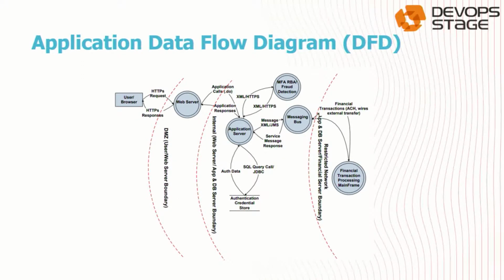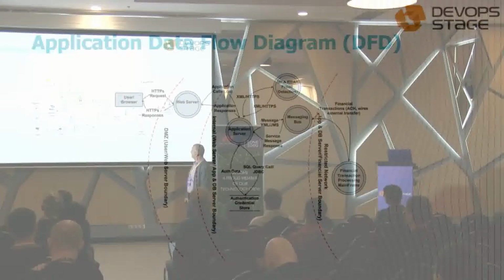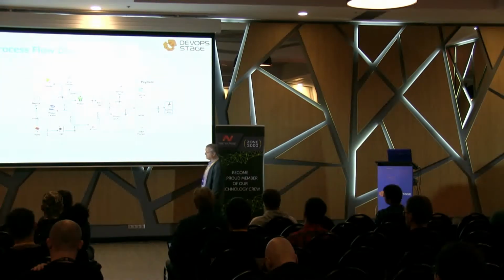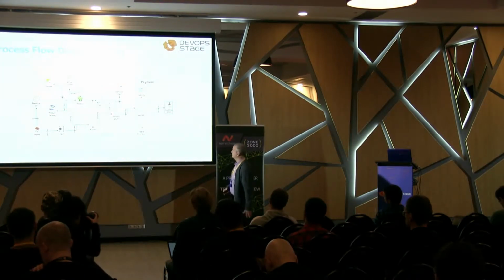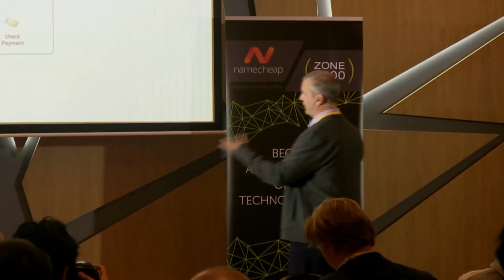So, for example, we don't trust the internet, but we have the trusted internal network. And we have something in between. We call it the DMZ. And maybe we have a legacy application here, for the mainframe, for example. We can also create the process flow diagram or communication flow diagram in order to understand the protocols and how components communicate with each other.